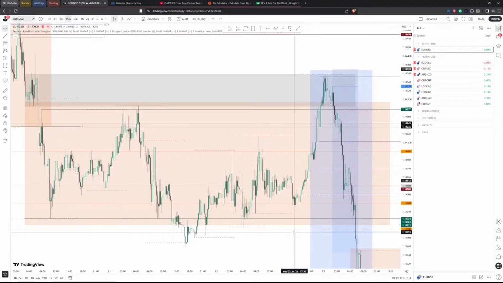Taking out swing low, small time frame. Swing low small time frame, and then displace up smaller, then we displace up.